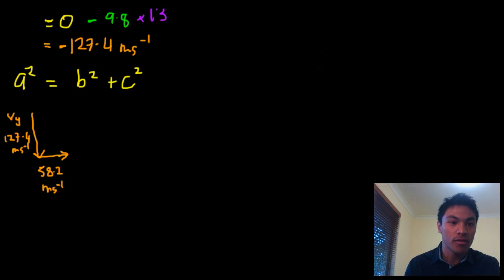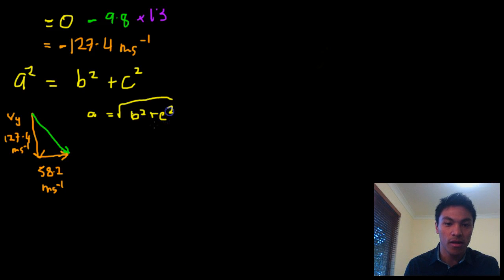Beautiful. So our resultant vector, and I'm going to put that in green, is going to be to the bottom right. To figure out our resultant A, it will be the square root of B squared plus C squared. So our actual components.